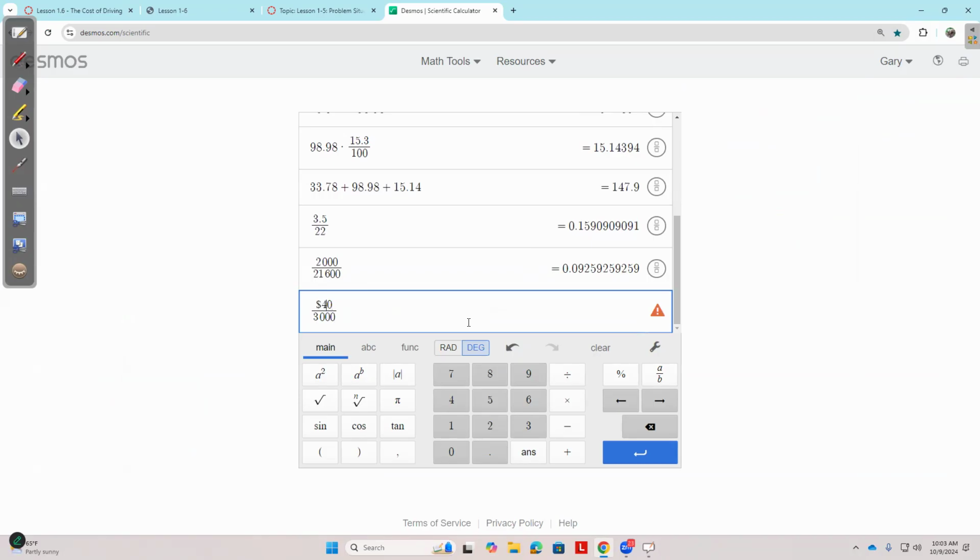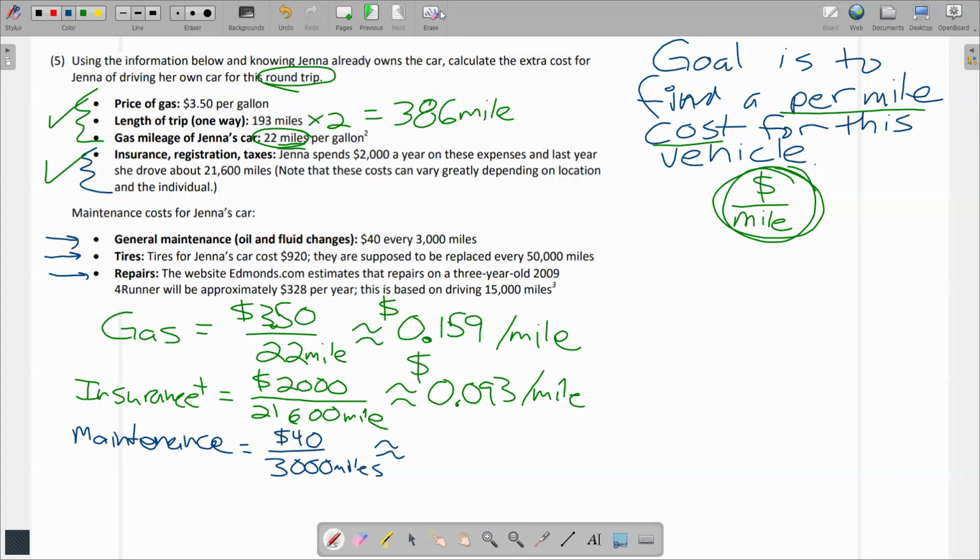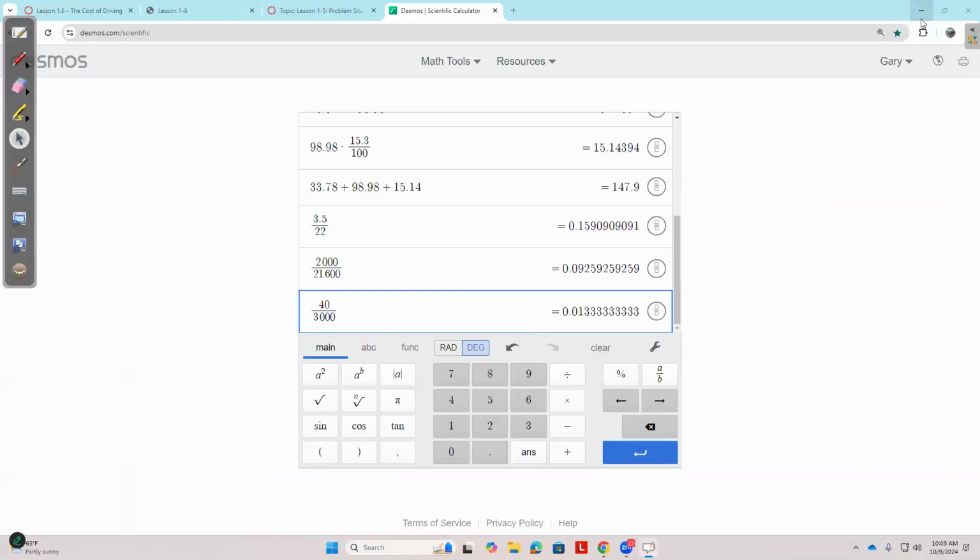Oops, I put a dollar sign on that. Desmos did not like that. 40 over 3,000, make sure I typed it right. 40 divided by 3,000 is 0.01333, so 0.013. And again, do this on your calculator too, because when I'm not around, you have to be the master of your calculator.